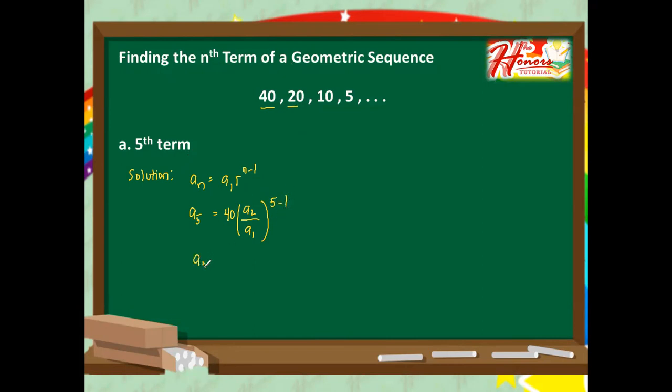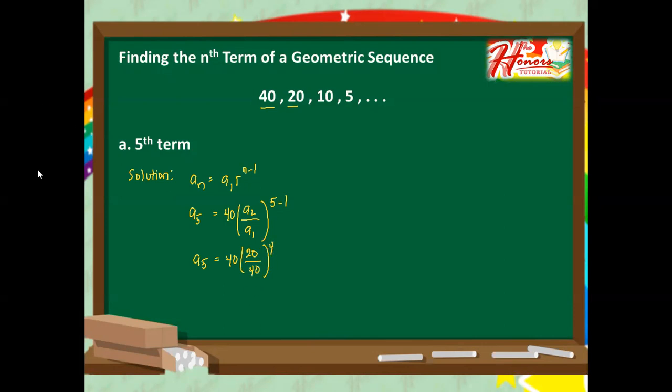So a sub 5 is equal to 40 times a sub 2, that's 20, over a sub 1, that's 40, raised to 5 minus 1, that's 4.